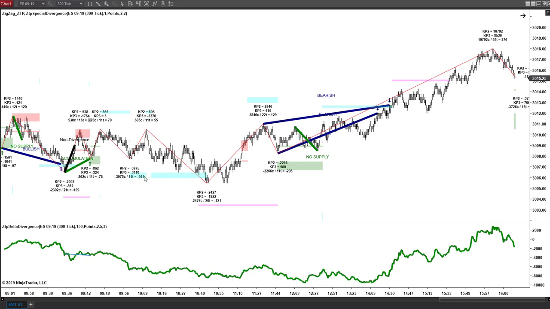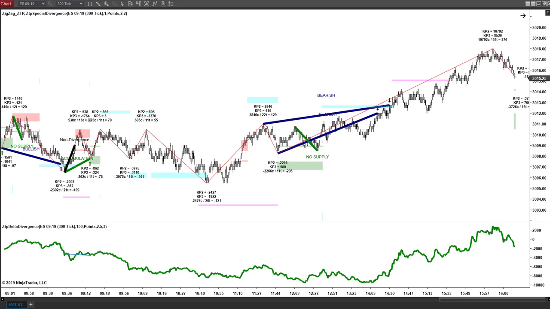And this 361, which is a pretty extreme number, reflects that for every tick that price fell, the density of the buyers per tick was 361. So there was a lot of absorption going on here. Same way with here, when we made the low of the day, we had a negative 121.